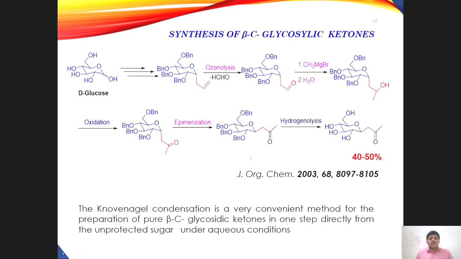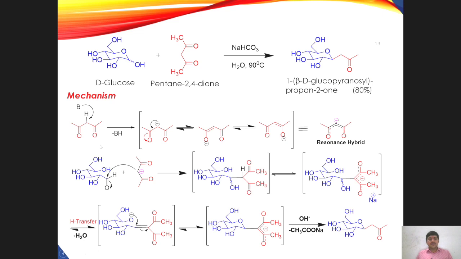This is one more article where we are observing synthesis of beta C glycosylic ketones. See, 1, 2, 3, 4, 5, 6, 7 molecules are there. Let us see the first one, the synthesis of beta D glucopyranosyl propan-2-one from D-glucose by using pentane-2,4-dione.